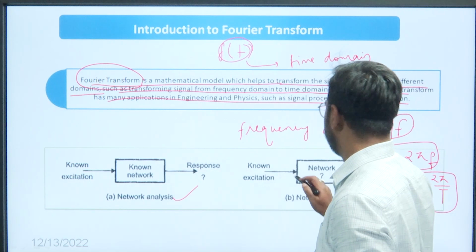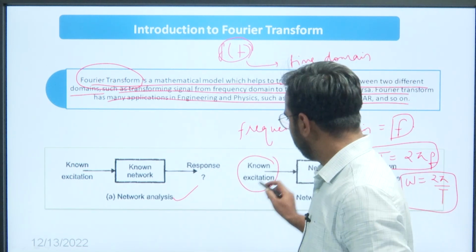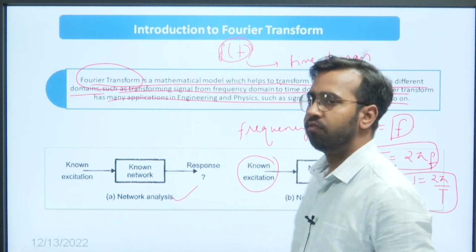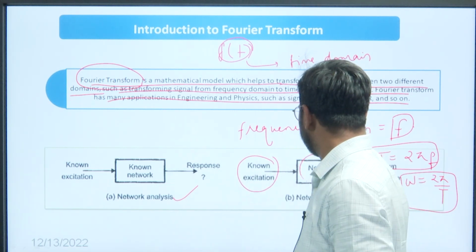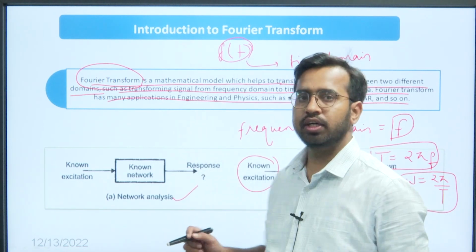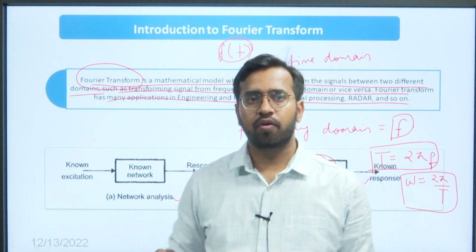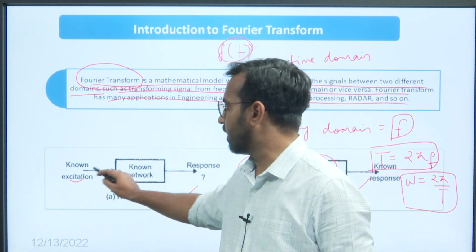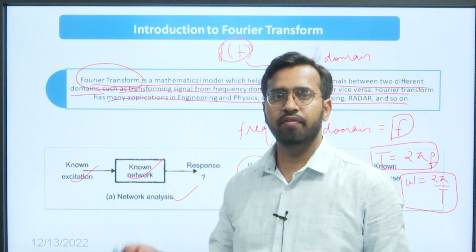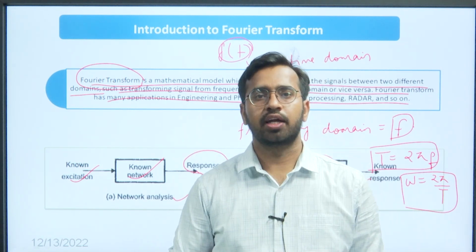For example, here we know the excitation. What do we mean by excitation? Excitation is basically input. When we know the input and the output, and we want to know what the network is, how it is going to behave, or what system is present within this box, then it is called network synthesis. But when we have one excitation, we also have the system or network, and we are required to find the response, then that is called network analysis.